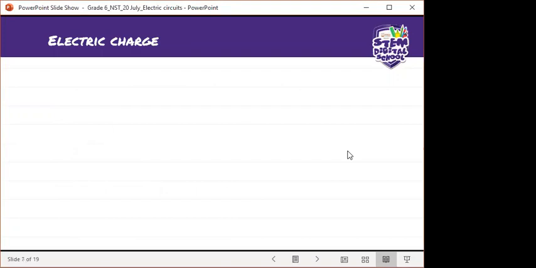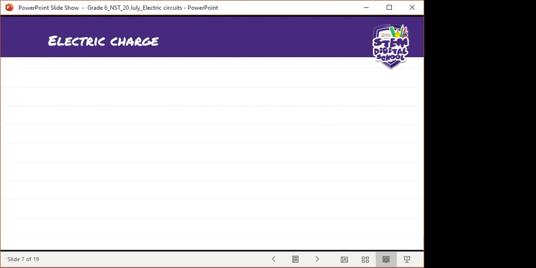Okay. So now we're going to look at how electricity flows, from where it's made to your houses, to your electrical devices, and how we use this electricity.